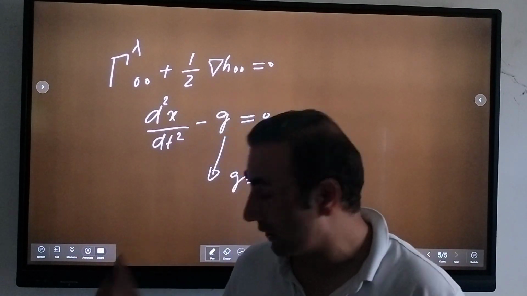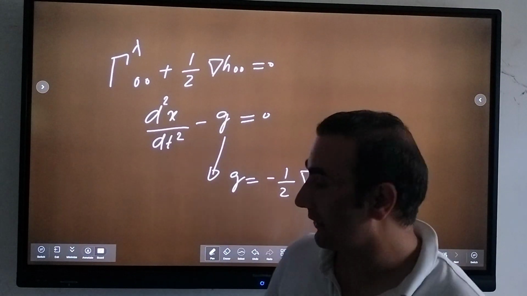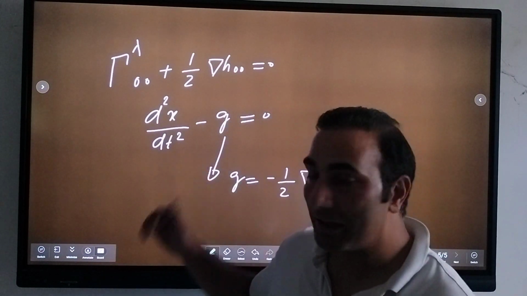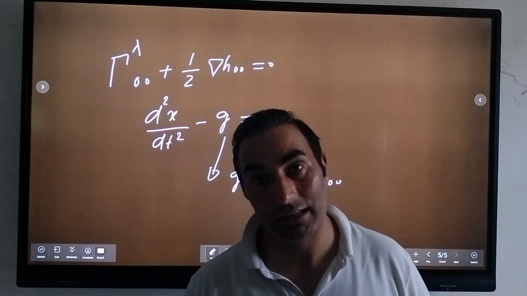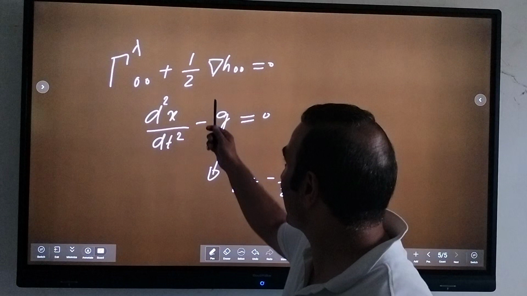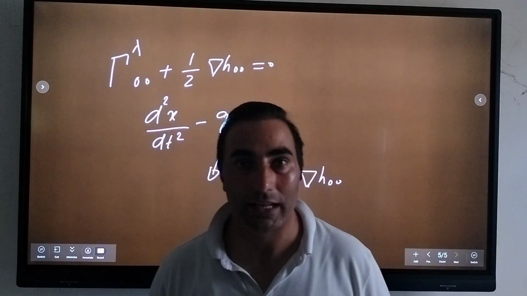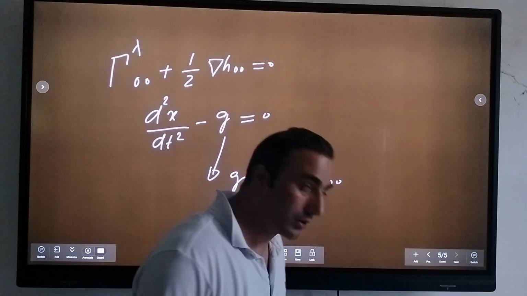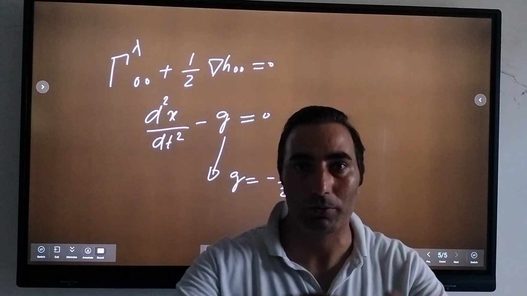When we talk about the Newtonian limit, when velocity is very much less than 1, the second term corresponds to the gravitational field, right?